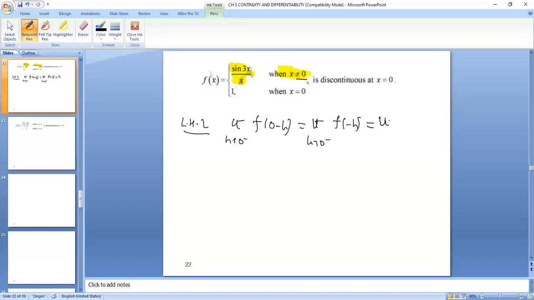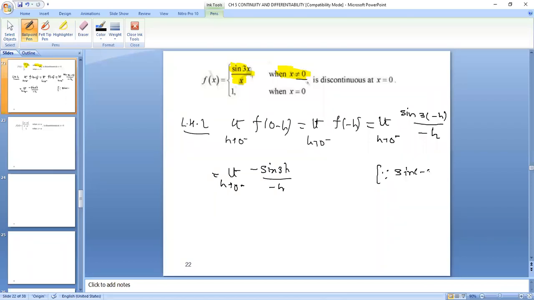So it will be limit h is tending to 0 negative, sine 3, in place of x we are writing minus h, over minus h, right? So it will be limit h is tending to 0 negative, minus sine 3h upon minus h, because sine of minus theta is equal to minus sine theta.